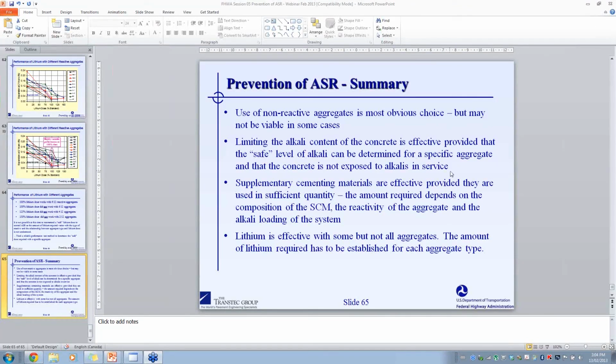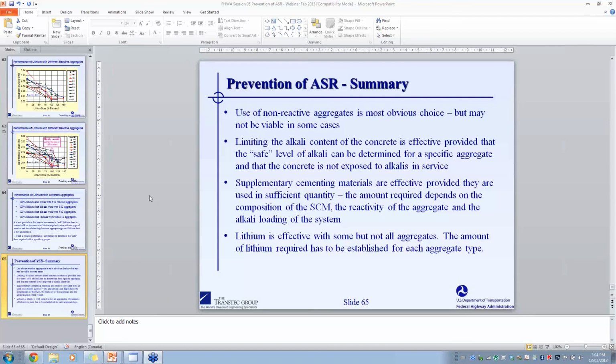Have you been able to correlate critical alkali content with the results of other tests such as C295, C1293, or even C1260? Not really. We've done a lot of work trying to run, for example, 1260 with different molarities in the soak solution.